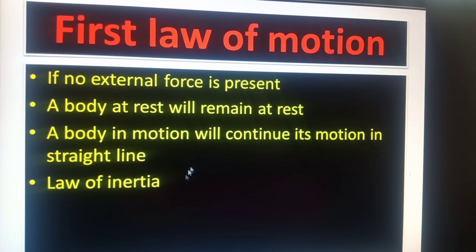Now, this law is also known as the law of inertia. Students, inertia is the property of a body, or the reluctance of a body, to change its state of rest or of uniform motion.